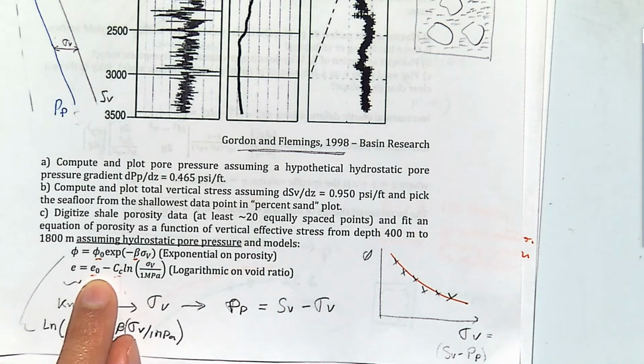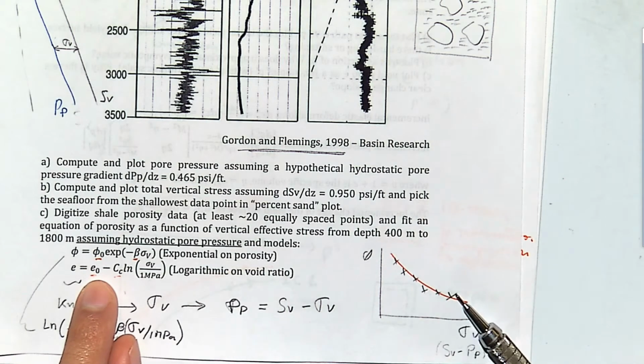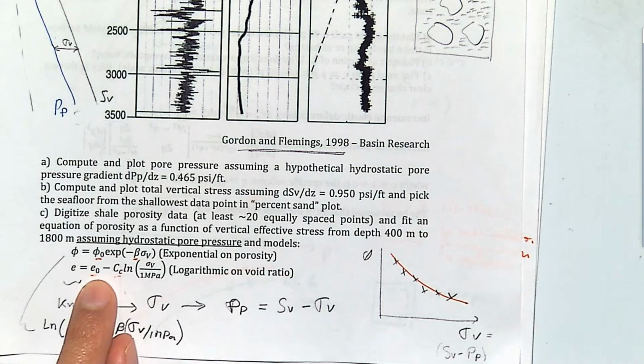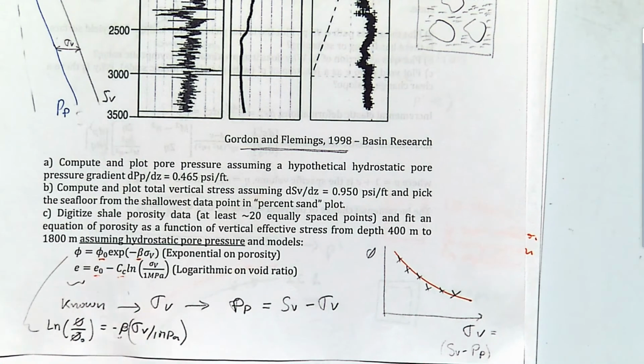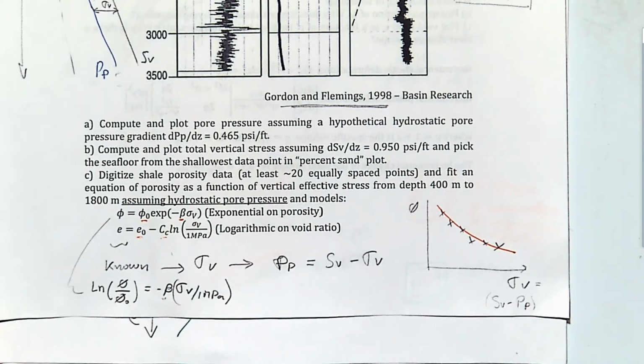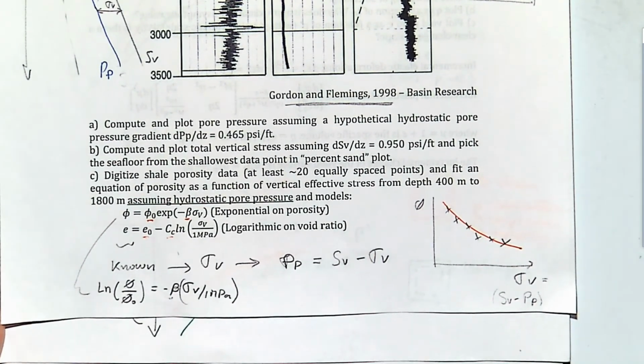So there are two ways you could do this. Also, if you linearize this problem, you just have to throw a regression line. For example, if you were to do a plot, well, you don't know this one, right?